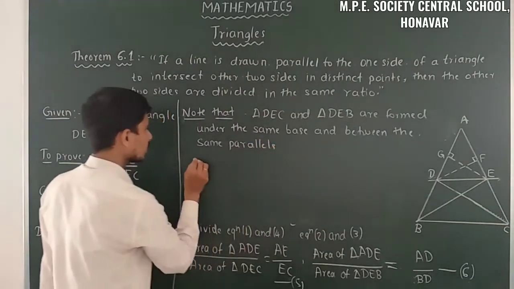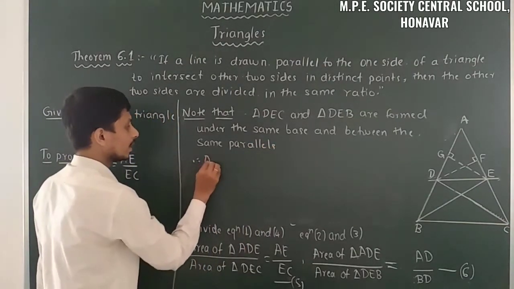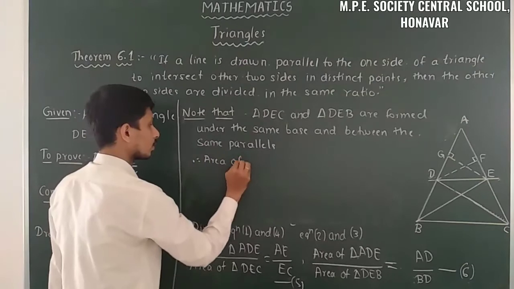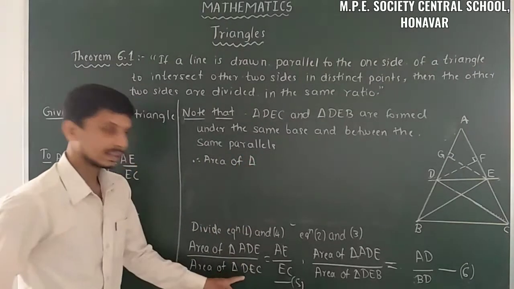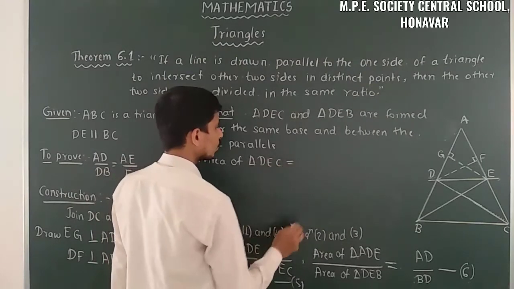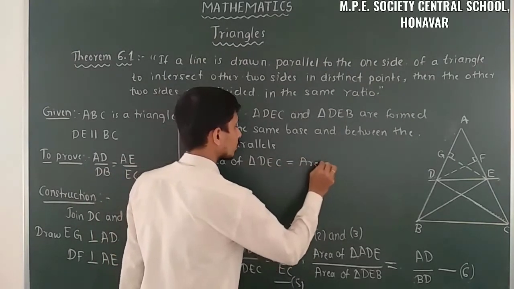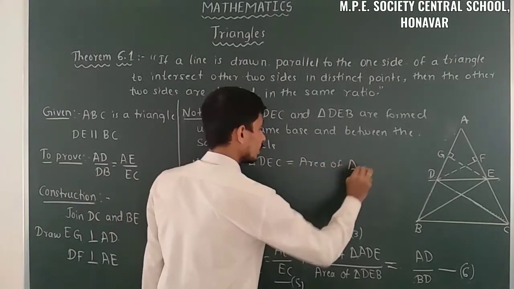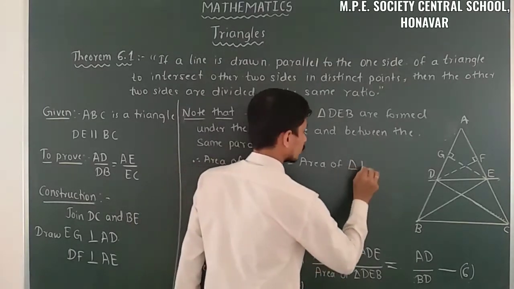Therefore, area of triangle DEC is equal to area of triangle DEB.